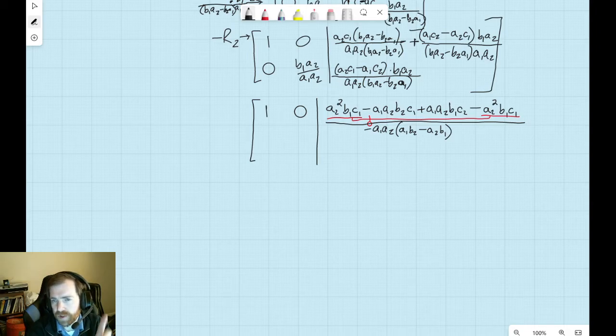Okay, because we switched the signs from up above here. Okay, that'll be useful in a minute. This is 0. This we can multiply by A1, A2 over B1, A2.